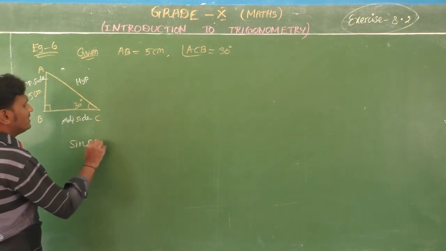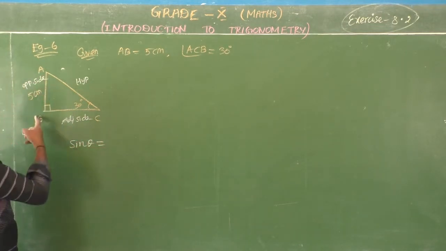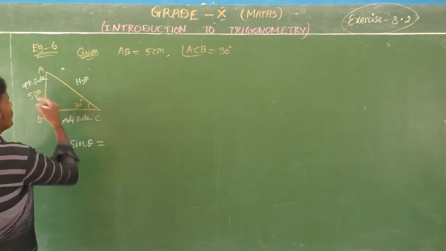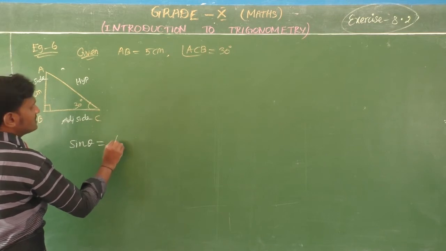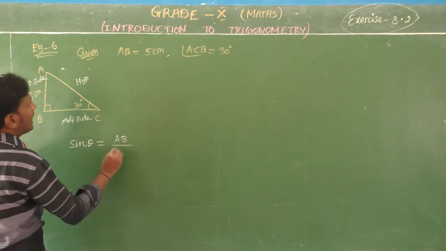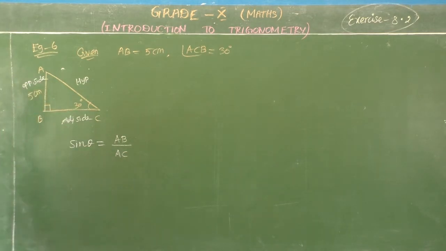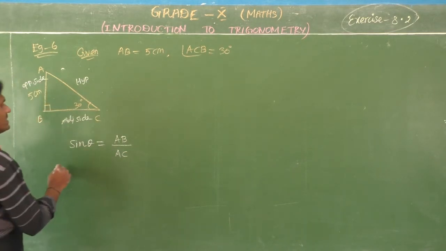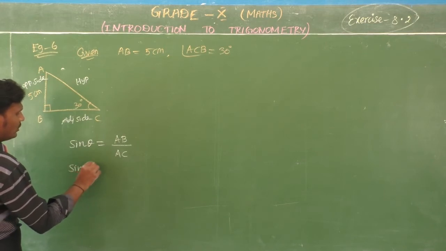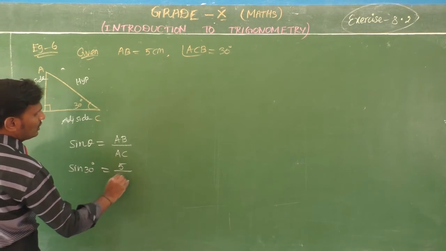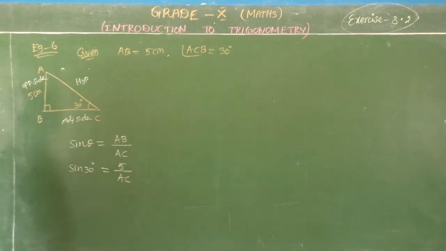Okay, so sin theta is equal to, in triangle ABC, opposite side divided by hypotenuse: AB divided by hypotenuse, which is AC. Now it is very simple. Sin 30 degree is equal to AB, you have 5, the whole divided by AC.